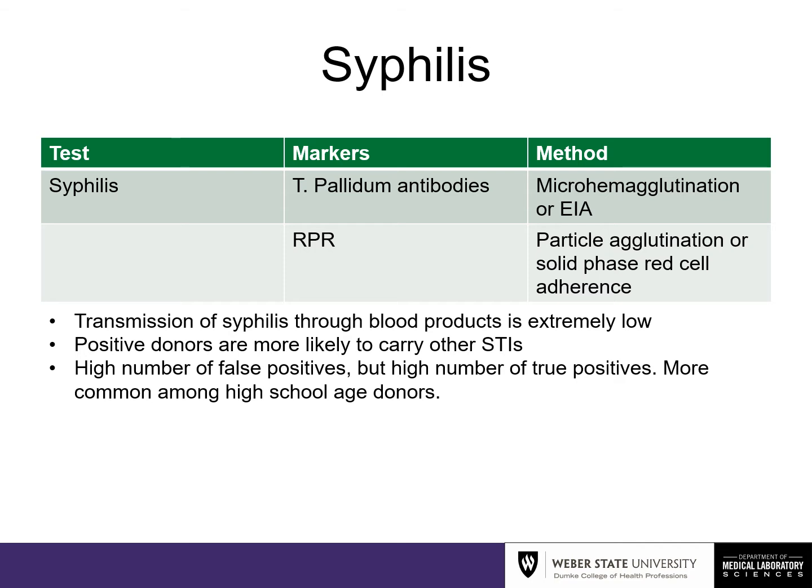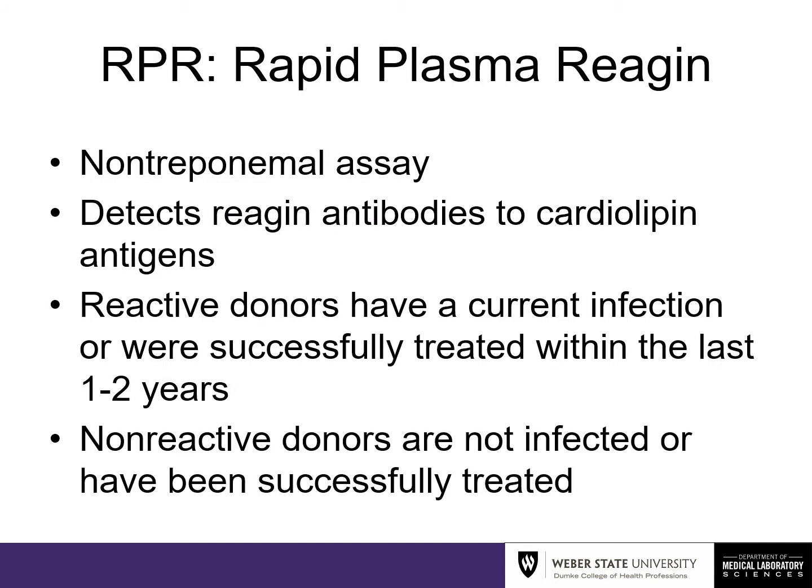So, yeah. All right, so our first screening test will be our rapid plasma reagin, or RPR, and it is a non-treponemal assay. So it is a non-specific screening test for syphilis, and it works by detecting reagin antibodies to the cardiolipin antigens in the blood.